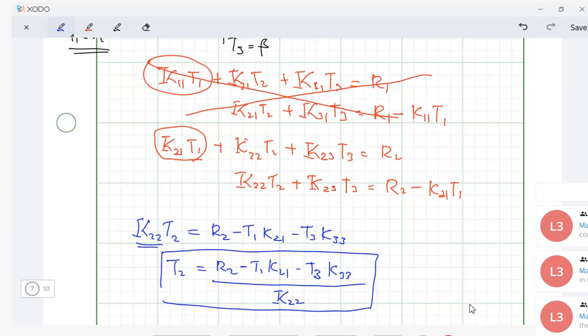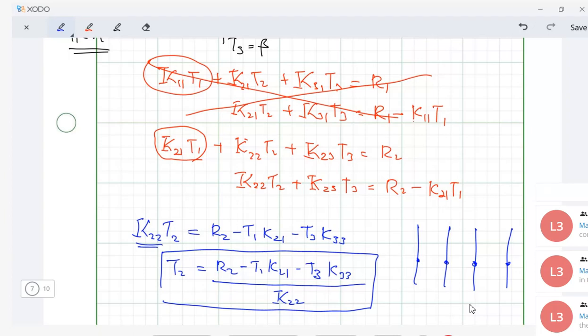But if you have this kind of wall, then we have T1, T2, T3, and T4. Even though there are 4 nodes, remember, we need to have 2 boundary conditions. So a total of 4 degrees of freedom in this case, but there are 2 known values, or 2 boundary conditions.